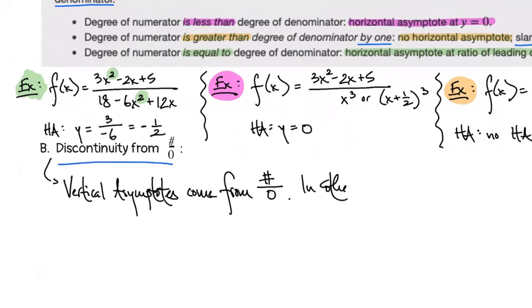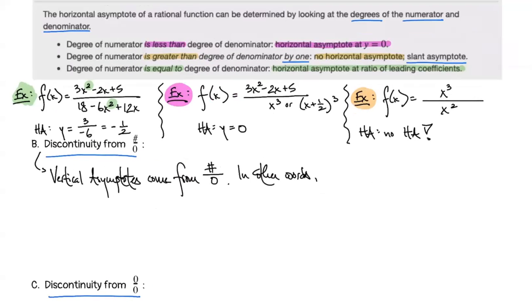In other words, we're saying, find Q of X equals 0, which will help us identify vertical asymptotes, right?